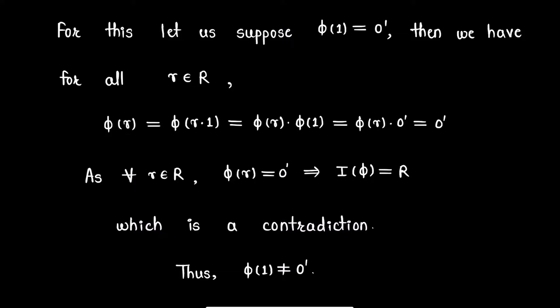So for all elements r in ring R, phi of r is equal to 0 dash. So all elements r in ring R will be members of kernel phi, and therefore kernel phi will be the whole ring R. But this is a contradiction to the given condition, and thus we must have phi of 1 not equal to 0 dash.